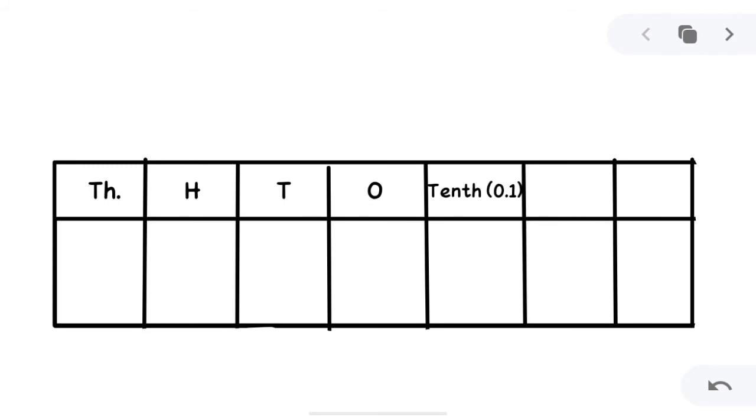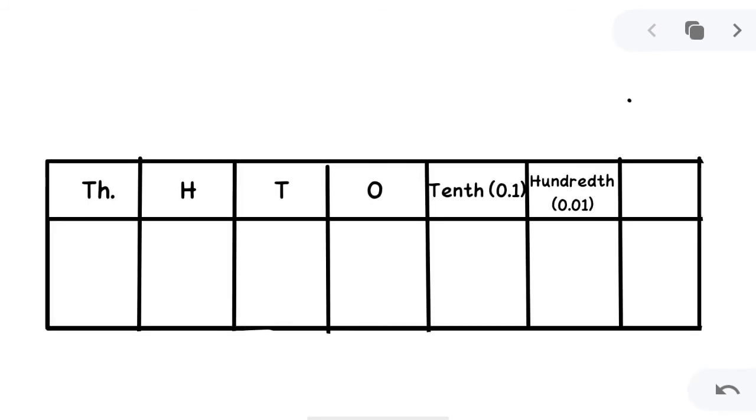Now let's revise what we have learned till now. We know that starting from the right, the first place is ones place, then tens place, hundreds place, thousands place, and so on. Also we have learned when we will move further right from ones place, the first place we will be having is 10th place, that is represented as 0.1. Then next is 100th place 0.01.